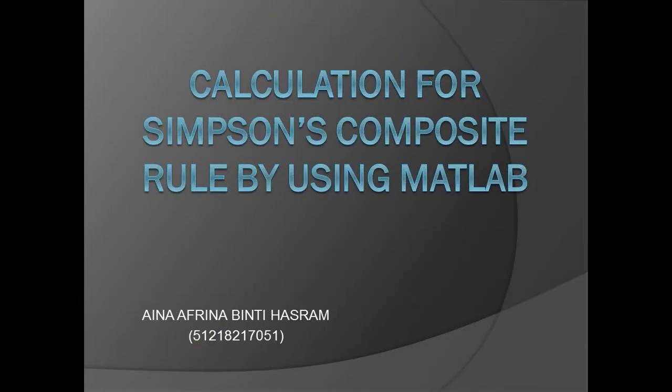The calculation for Simpson's composite rule by using MATLAB. We use MATLAB because we want to know whether our manual calculation gave a right answer or wrong. When we write in MATLAB, of course, we will write the coding.